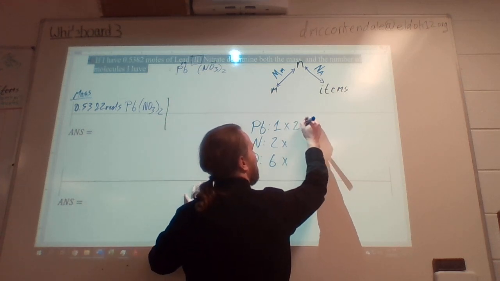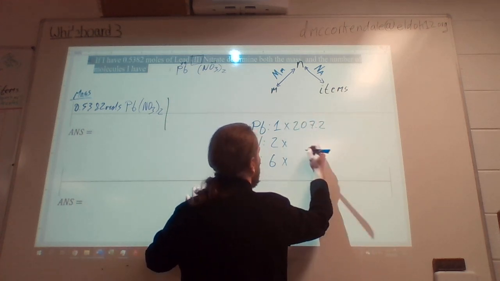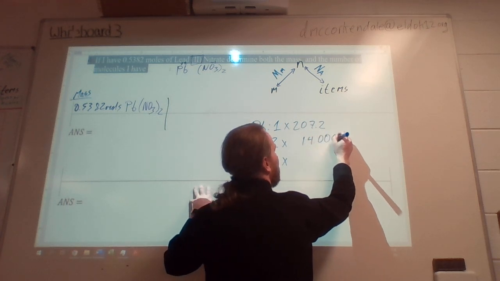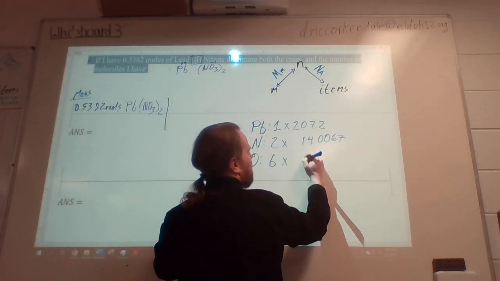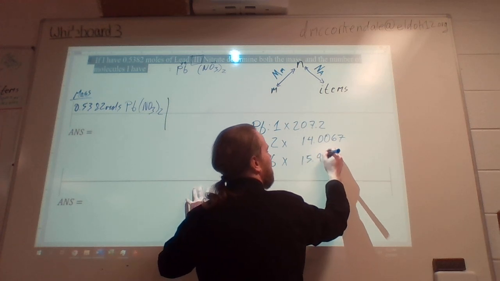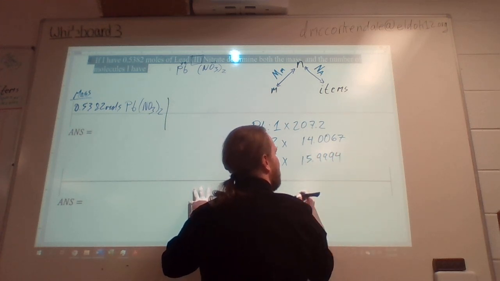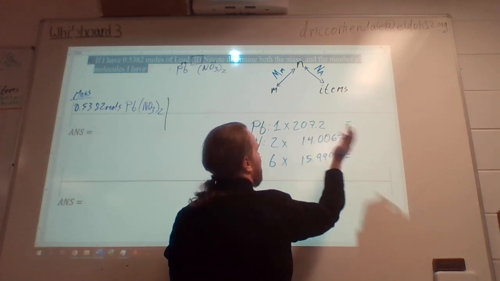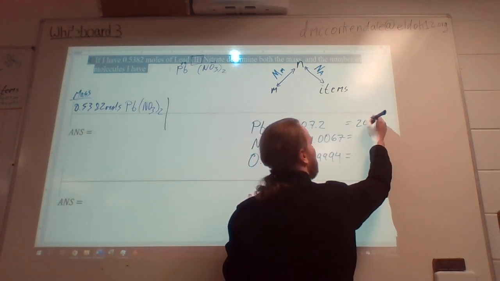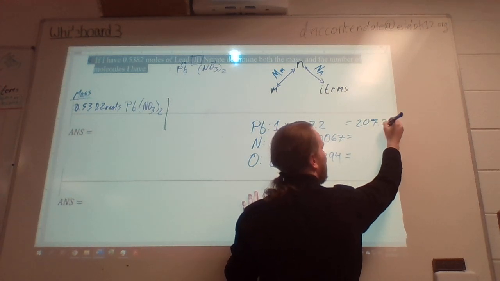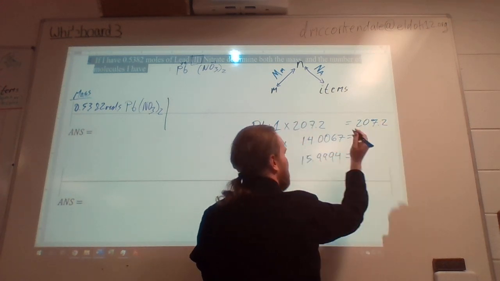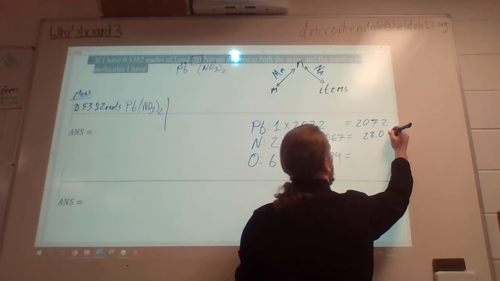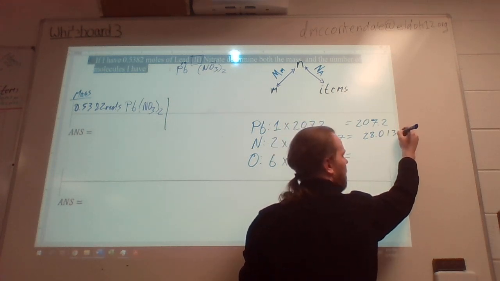Lead has a molar mass of 207.2. Nitrogen has a molar mass of 14.0067. And oxygen has a molar mass of 15.9994. When we multiply those out, 1 times 207 is obviously still going to be the 207. 14 times 2 is going to become 28.0134.